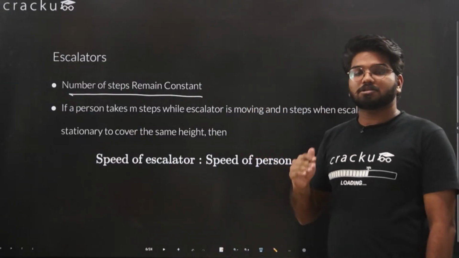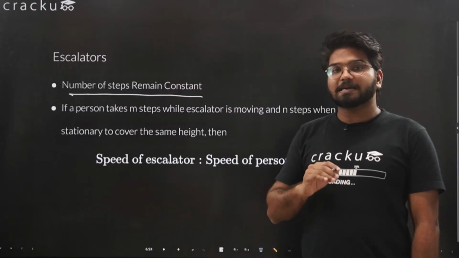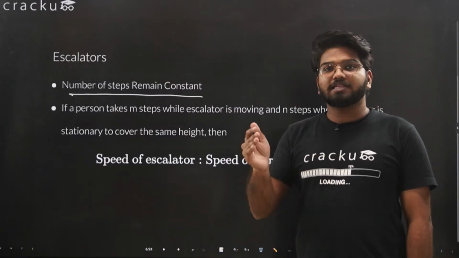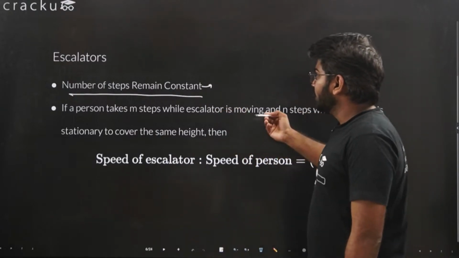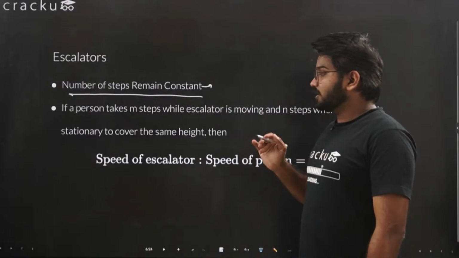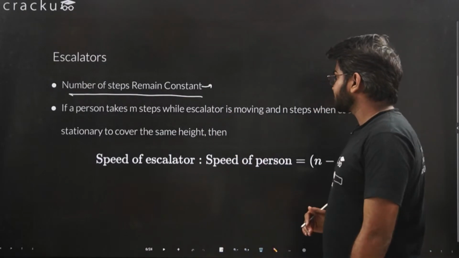So the number of steps is also fixed. For any escalator, the number of visible steps will remain constant. So this is the first thing that you need to understand: the number of steps will remain constant.